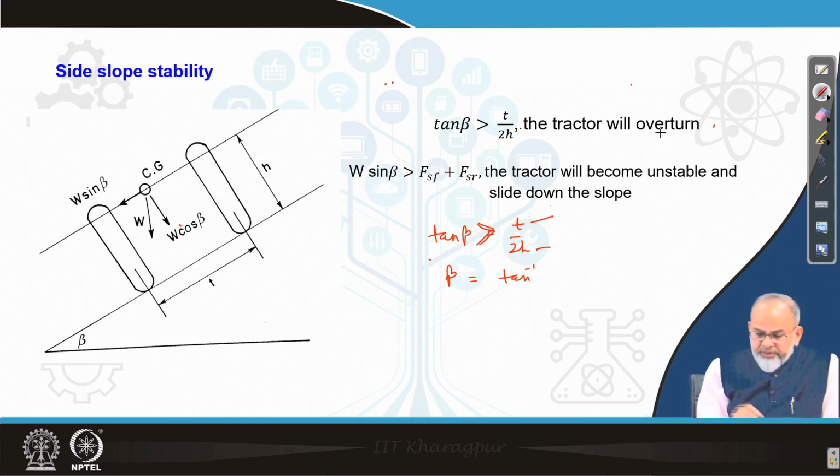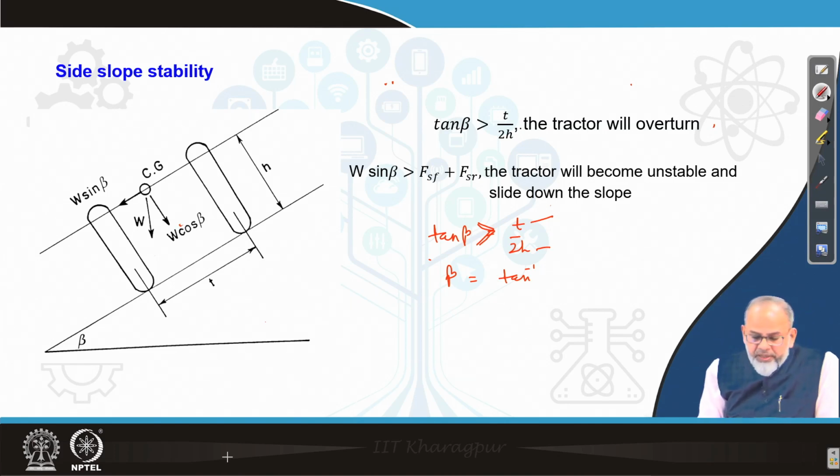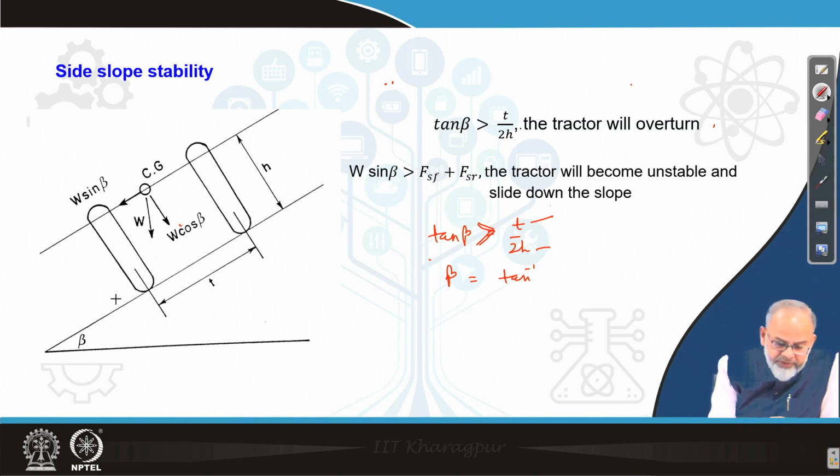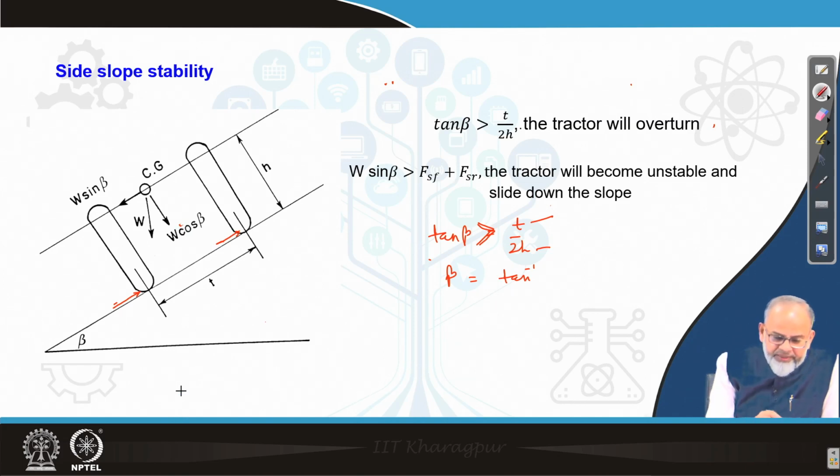Now, the other thing which you are going to verify is whether the tractor will slide down. Why will it slide down? Because the forces which are developed at the contact patch, both at the rear wheels as well as the front wheels, should oppose the weight component which is acting here, W sin beta.